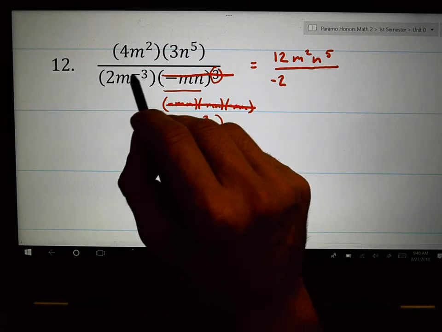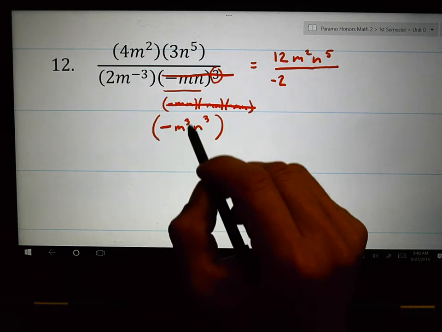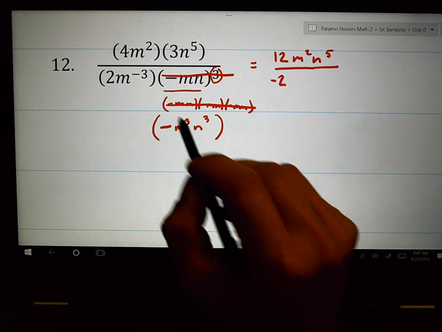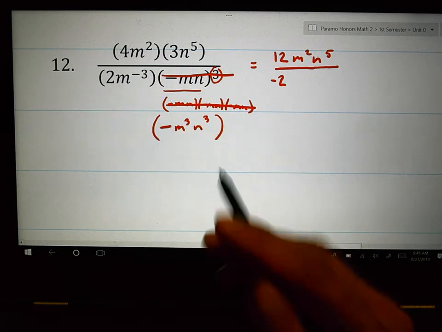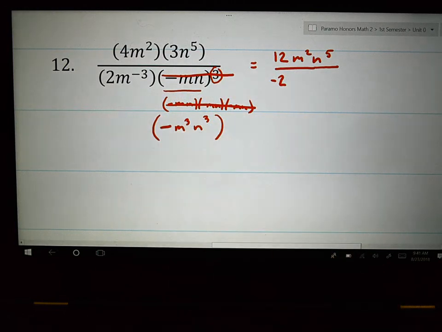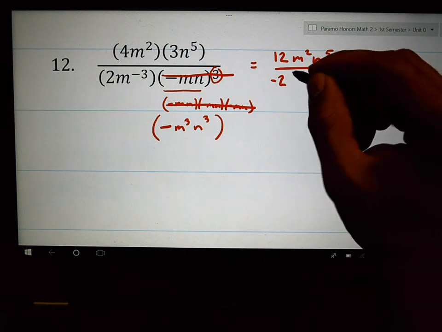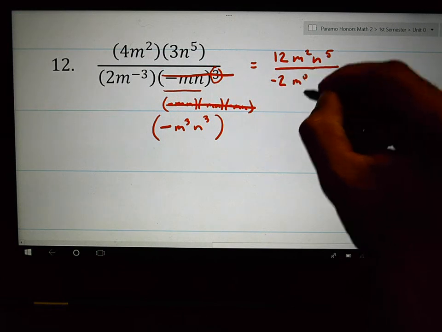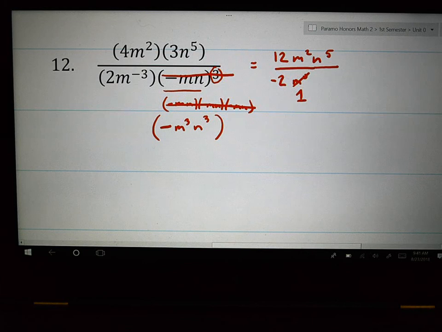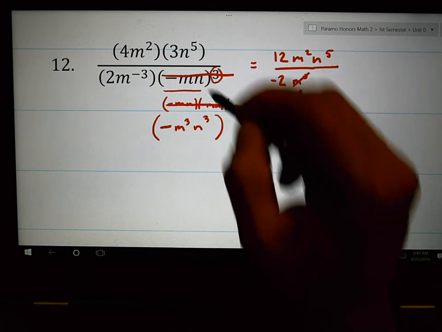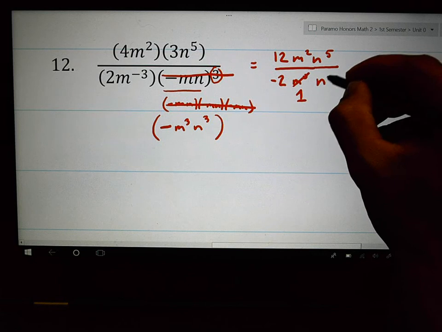I have m to the negative 3 and m to the positive 3. But since I'm multiplying, I'm going to add my exponents. M to the 0 power just makes 1. If you want, you can write m to the 0, but I'm just going to go like this, makes 1, and negative 2 times 1 means that it's going to just go away. N to the third.